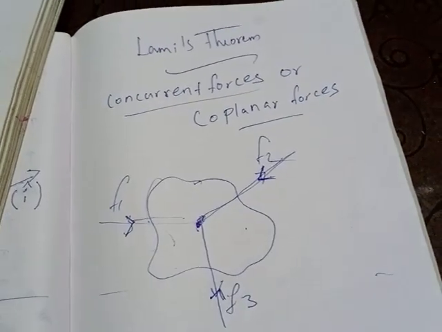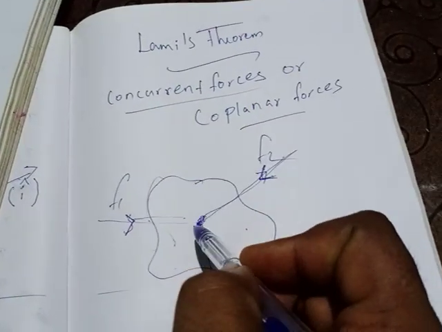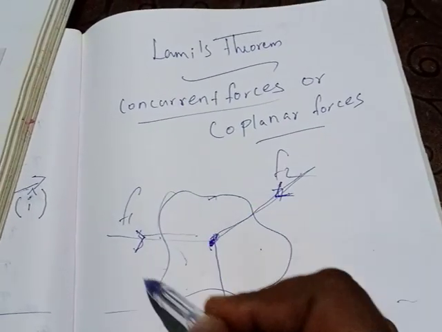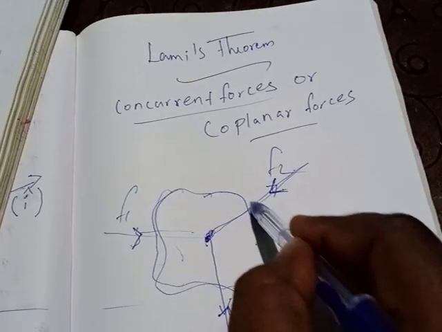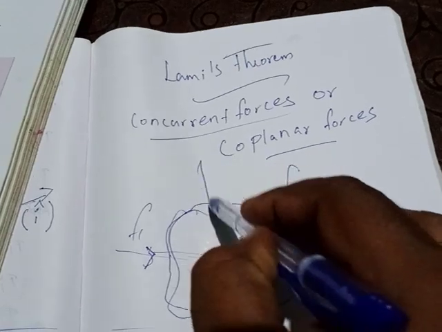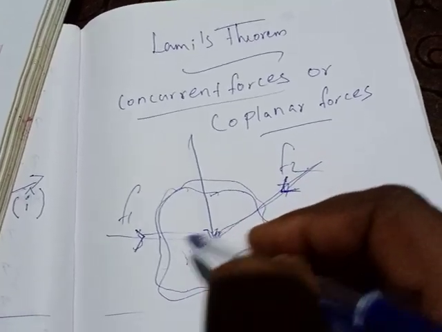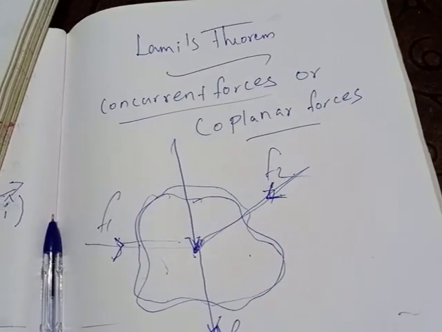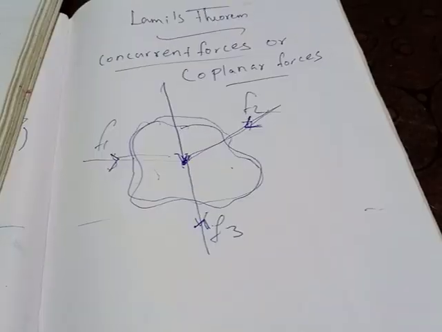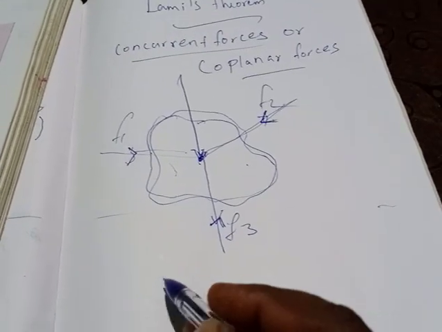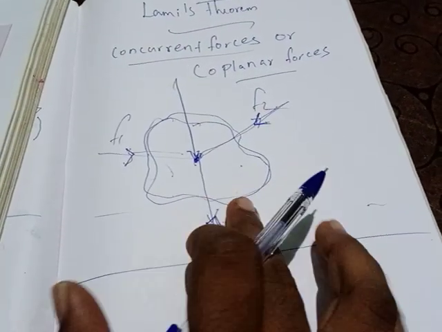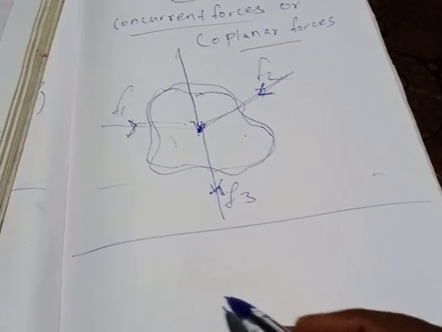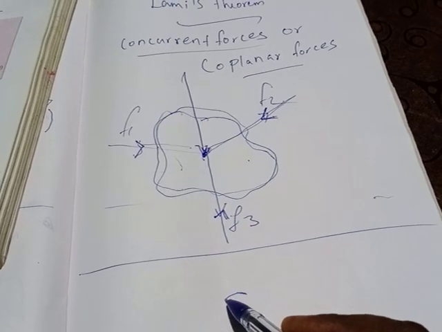And assume that all these forces are acting in one plane. If all the forces act in one plane, that is coplanar forces or concurrent forces. So let us see what Lami's theorem is. Now discuss Lami's theorem.